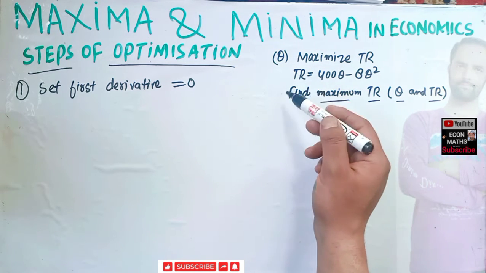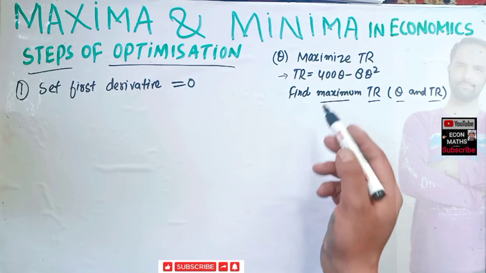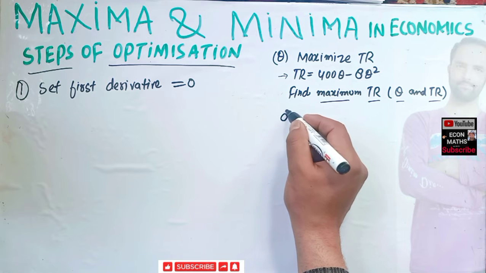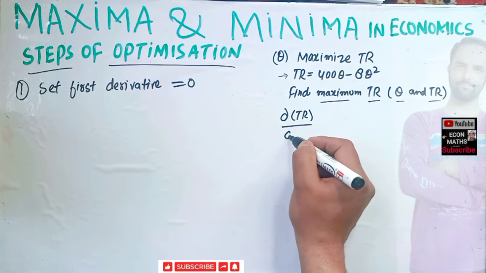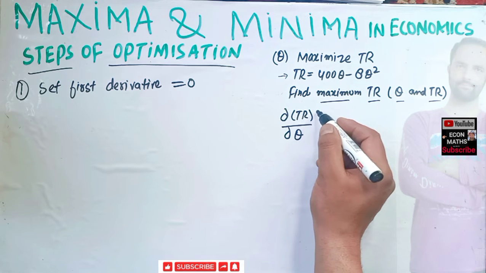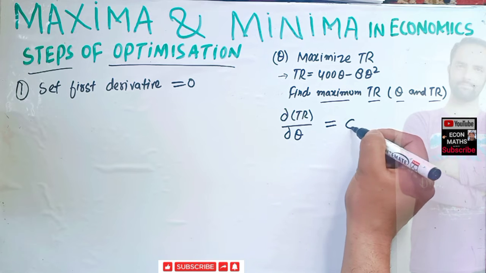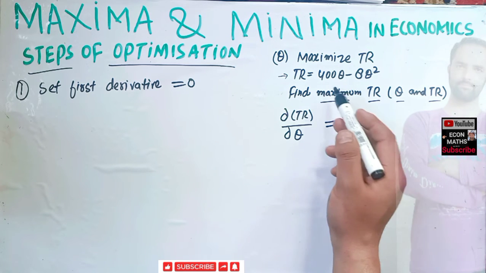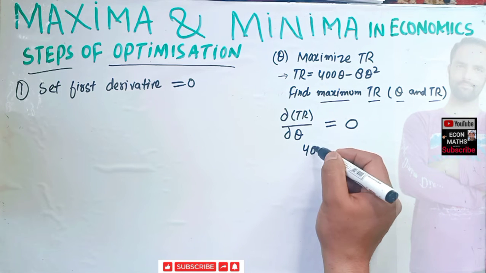So this is our total revenue. Its first derivative is simply dTR upon dQ, that means change in total revenue with respect to quantity, and we set it equal to 0. So when we set it 0, this becomes 400.